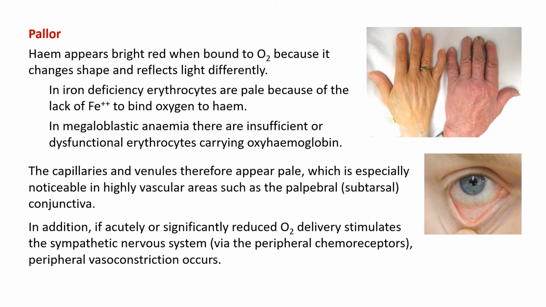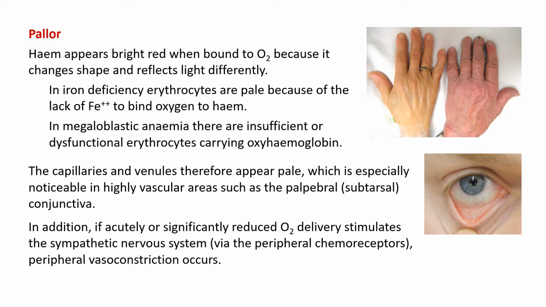The other thing that does contribute to pallor is if there is an acute or a really severe reduction in oxygen delivery, so we're going to have cellular hypoxia. This is going to stimulate the sympathetic nervous system via those peripheral chemoreceptors, remember glomus cells.